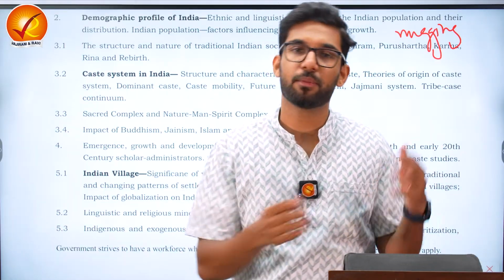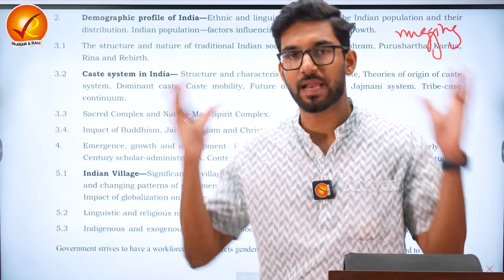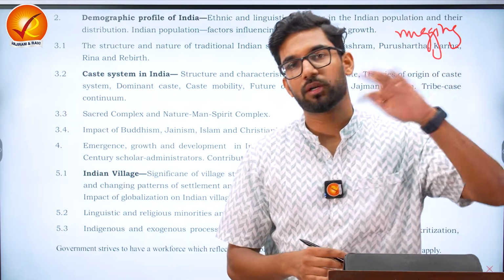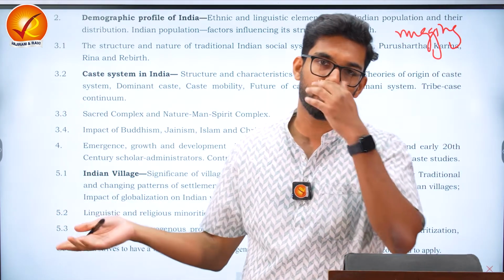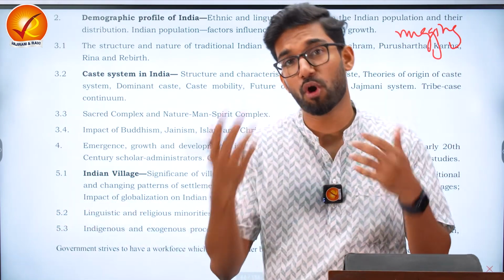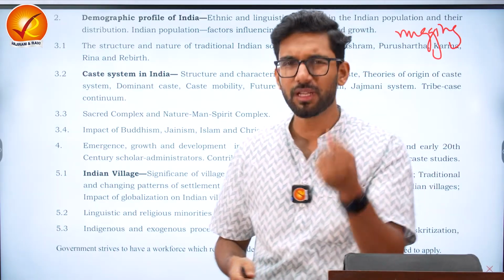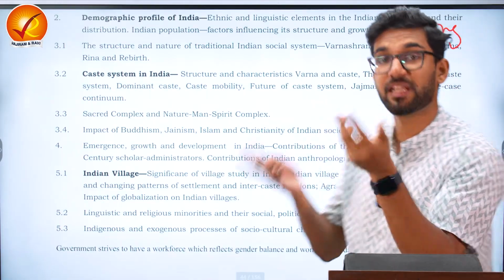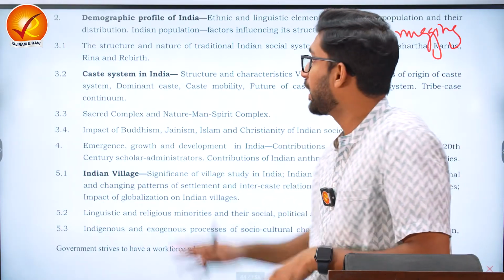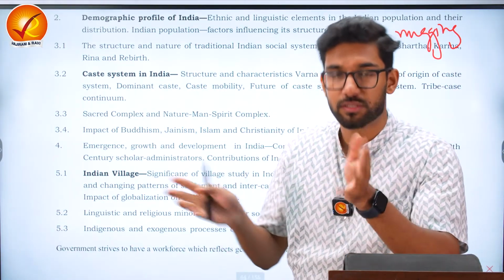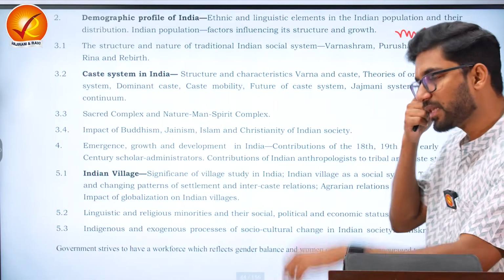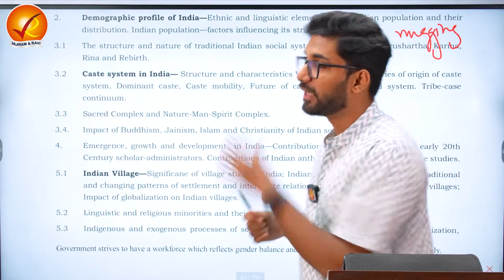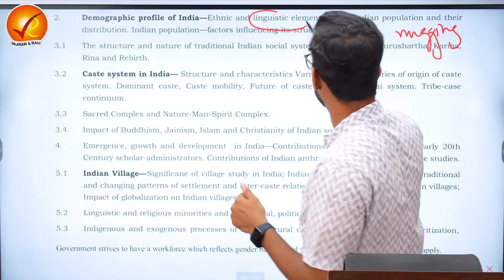So we study Dravidian languages, we study all the languages in India. What are the Aryan languages, what are the Dravidian languages, where is the Mon Khmer language linked to. So there are different families of languages within India. And in 2, we study all of these different languages, subfamilies and everything. That is the linguistic element.